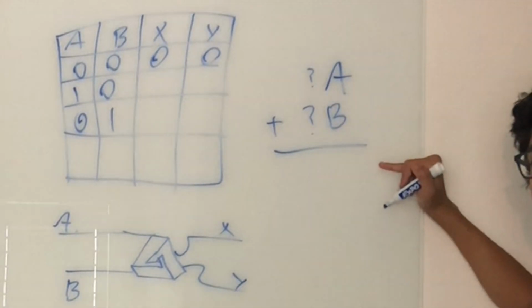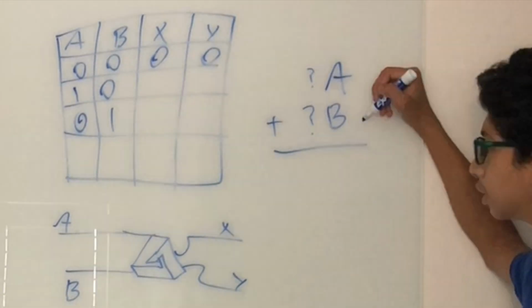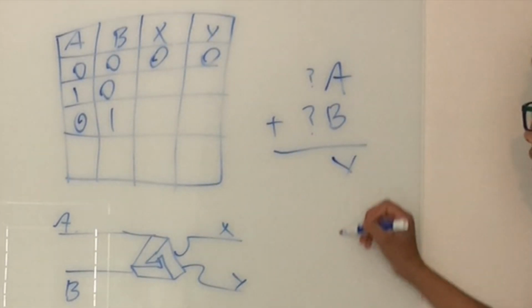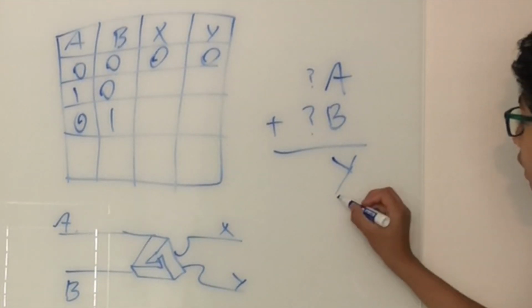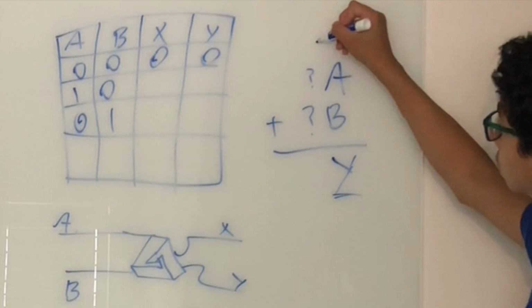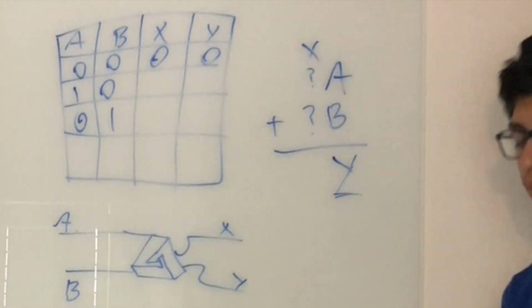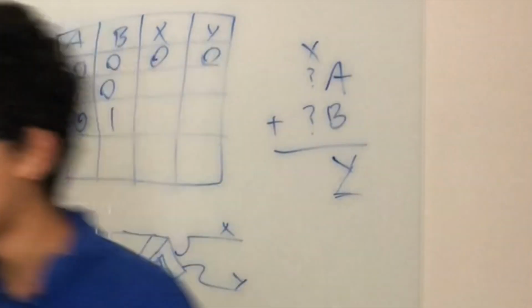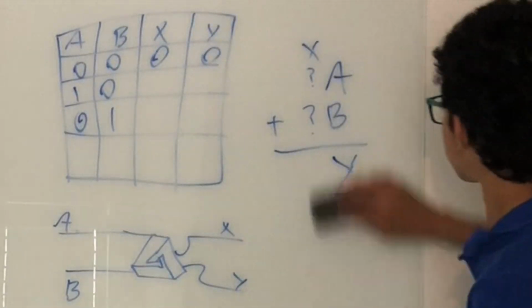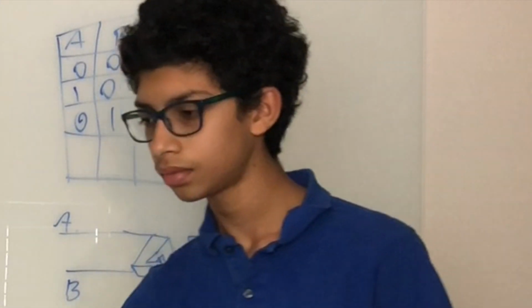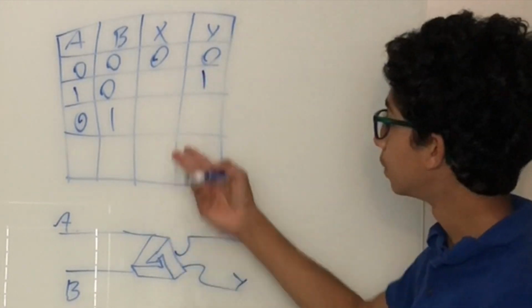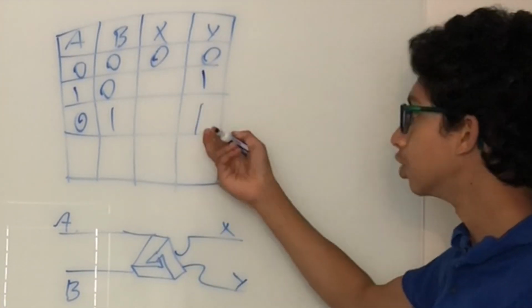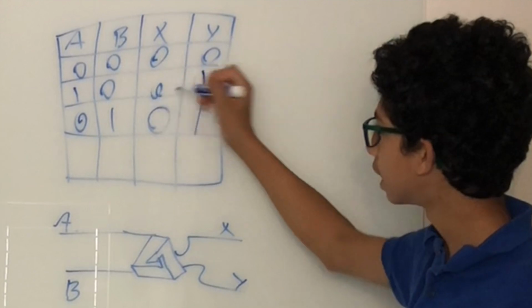What A and B mean are A plus B. Y, the letter Y would be the number that goes here, and X would be the balance. That's what I mean when I say X and Y. So Y will equal 1. Y would also equal 1 here. And there's no balance, so X equals 0 both times.